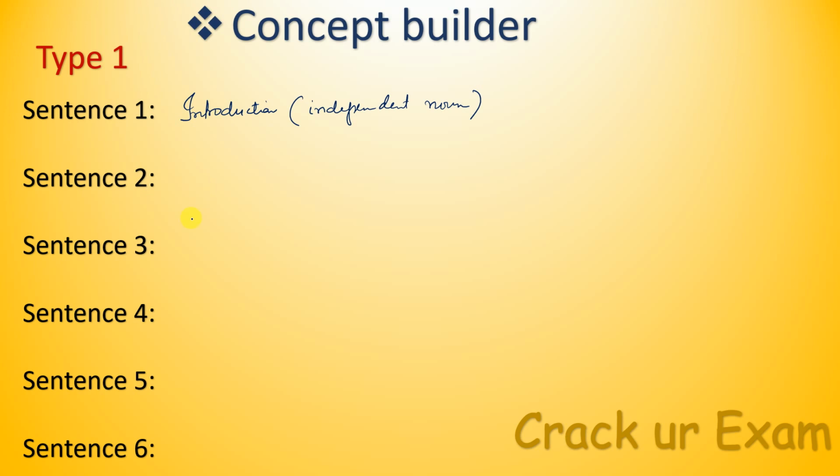Now the next couple of sentences. Suppose the passage describes some incident. If an incident happens, there are two things, as you know. First, why does it happen? And second, how does it happen, and its result.